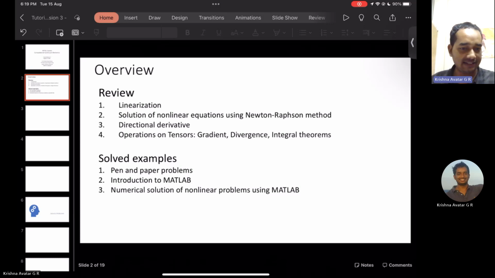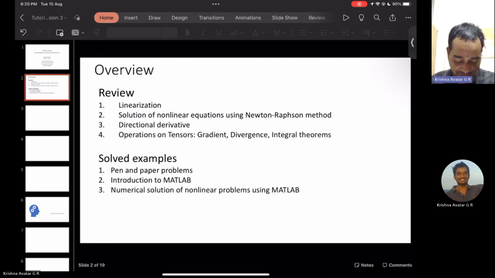We'll be reviewing certain concepts such as linearization of a function, and then the solution of nonlinear equations using the Newton-Raphson approach. Then discussing a bit about directional derivative, and I'll be listing down some operations on tensors such as gradient, divergence, and certain integral theorems.